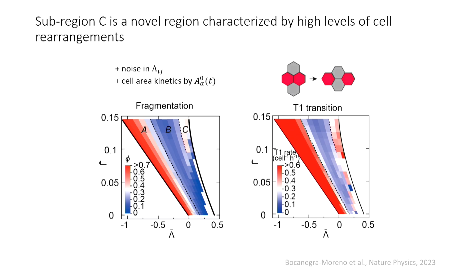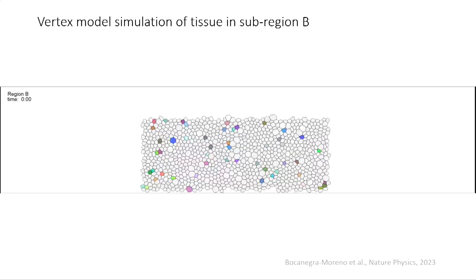And just to reference these regions, we call those A, B, and this novel subregion C that is supposed to be solid, but it exhibits this fragmentation. And now, how this tissue is growing.